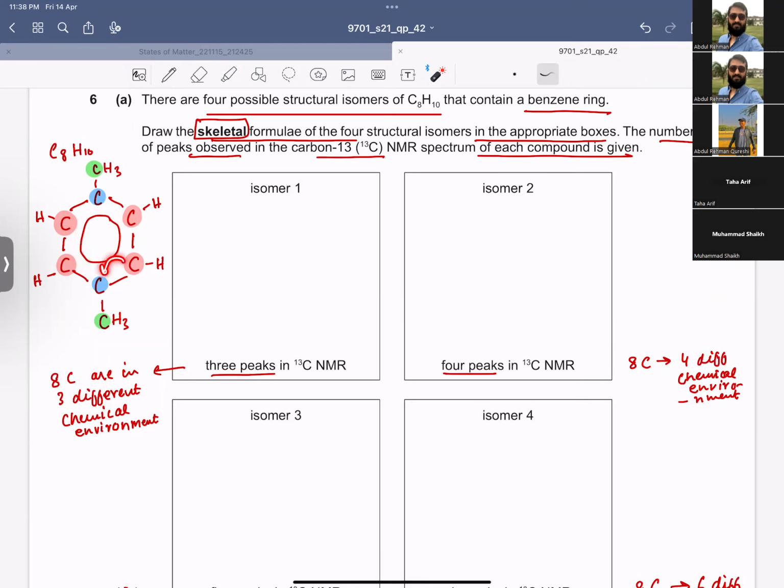So we are observing 8 carbon atoms existing in three chemical environments. So its skeletal formula would be this, with two methyl groups exactly on opposite sides. So that is our isomer 1.